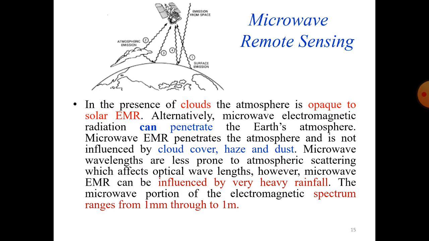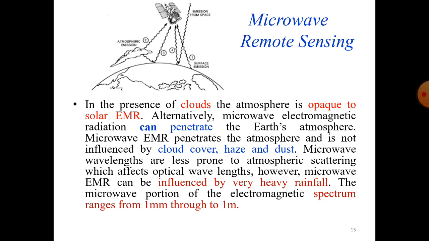Microwave remote sensing is widely used during climatic conditions when the atmosphere is filled with clouds, hazy particles or dust particles. It's because the wavelength of the electromagnetic spectrum it uses is between 1 mm and 1 m, that is, 1 millimeter to 1 meter of wavelength is the microwave spectrum.